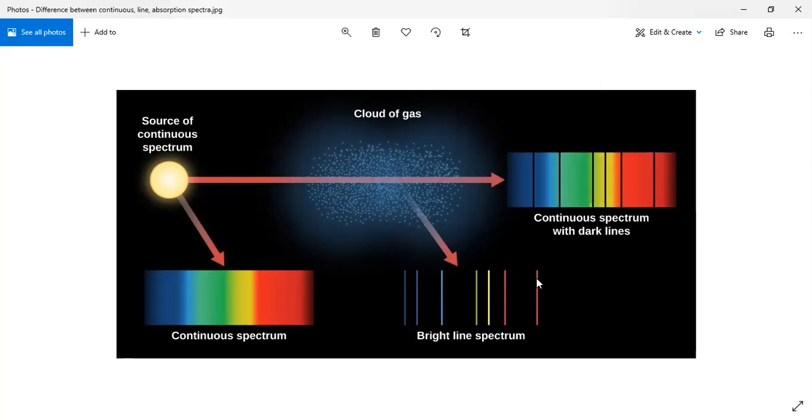And this also ties into AS chemistry. If this only absorbs certain parts, then this is what's going to be left if you're measuring over here. So this absorbed, and you're left with what's called an absorption spectrum.